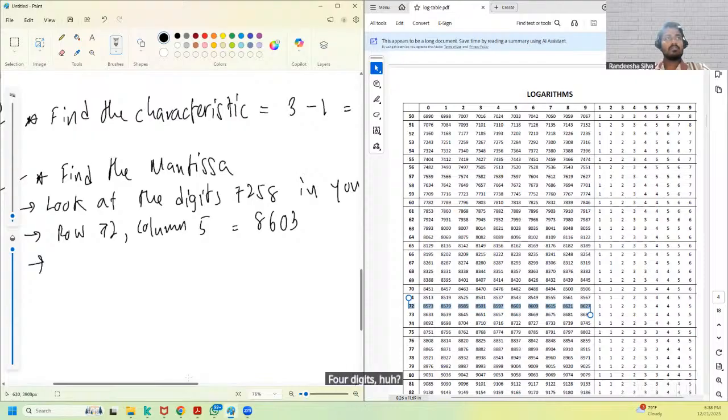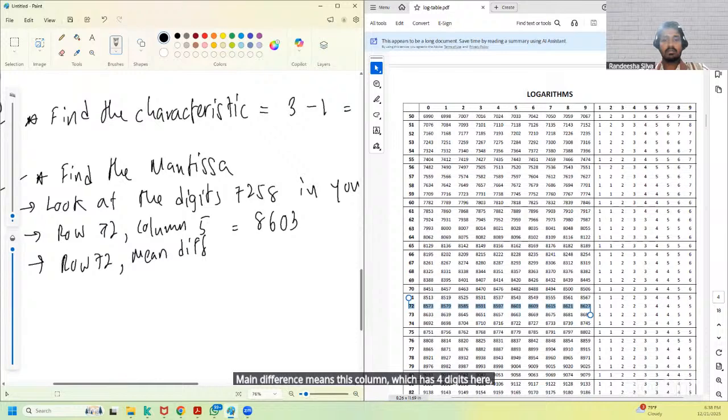Then we go to row 72 for the mean difference. The mean difference columns have four digits here. For the mean difference column 8, row 72 gives 5.